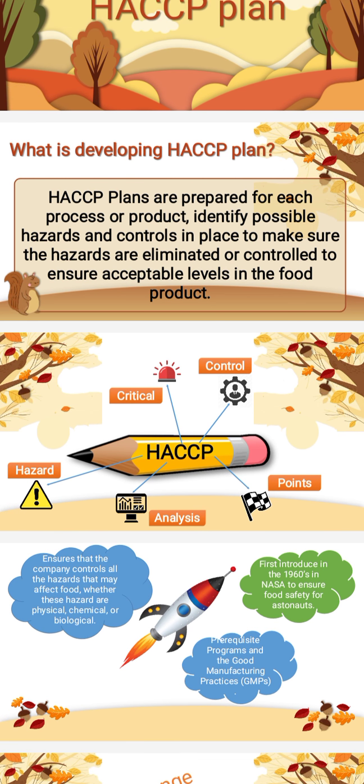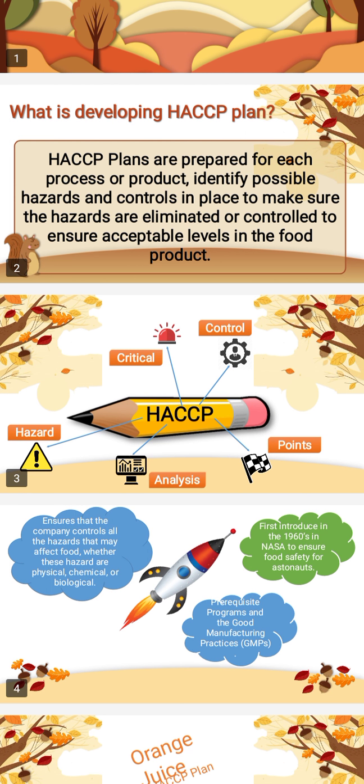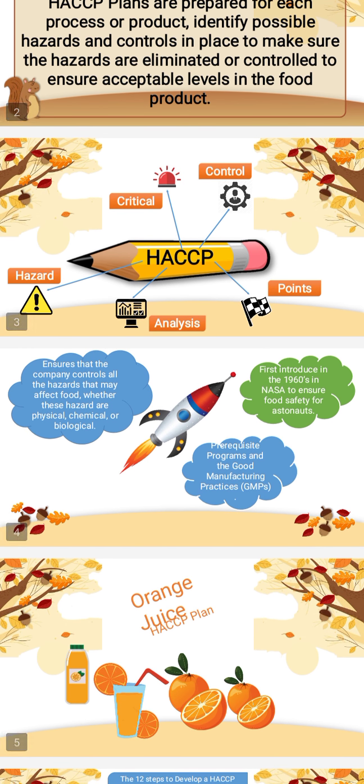Today, I explain HACCP, which stands for Hazard Analysis and Critical Control Points, with an example of orange juice. Before getting to the example, we must have a brief on HACCP. The system was first introduced in the 1960s at NASA to ensure food safety for astronauts.